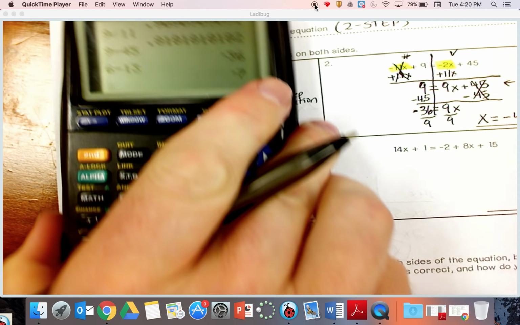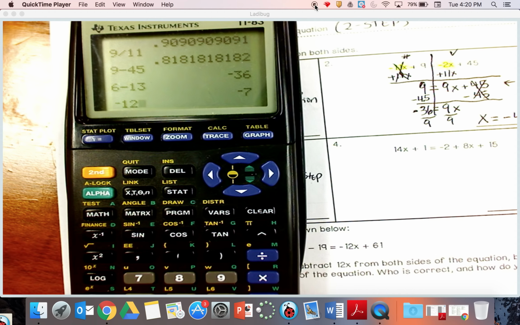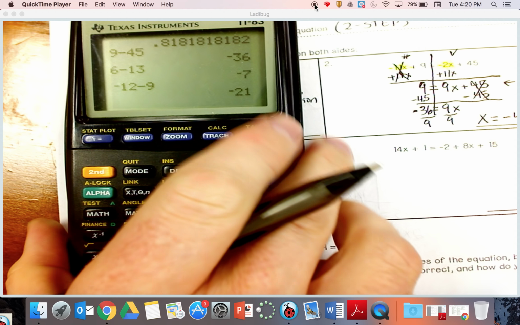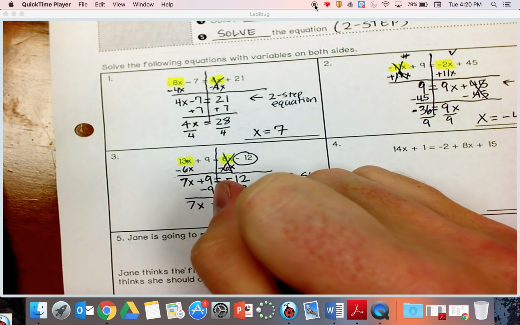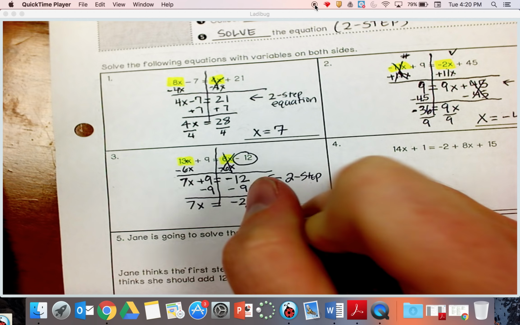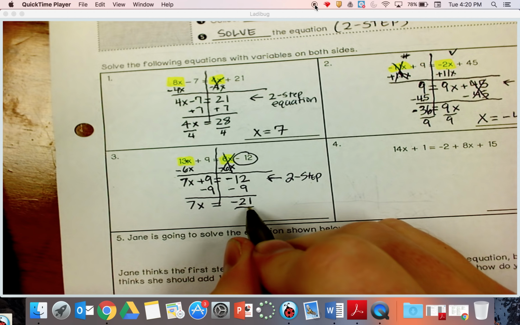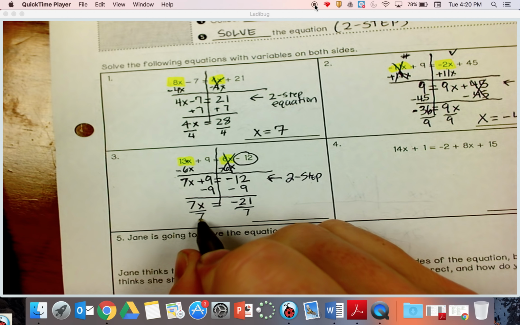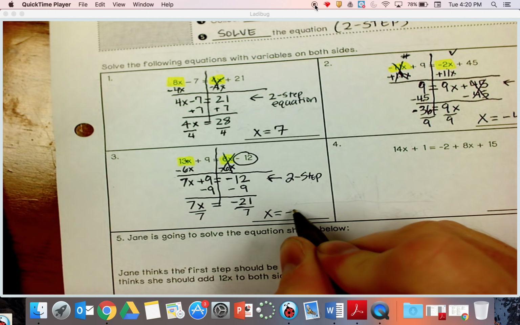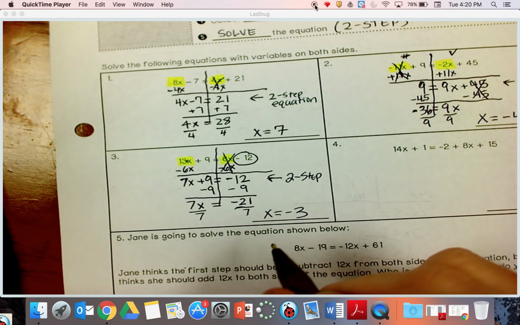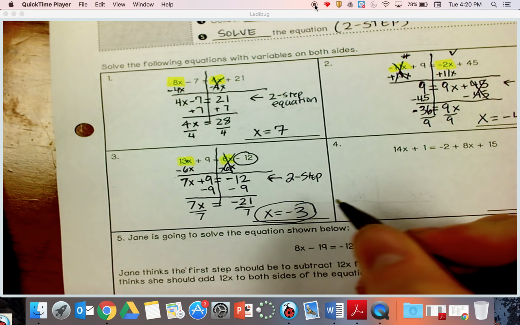It is not 3. It's negative 12 minus 9. I get negative 21. And what times 7 gives me negative 21? Well, I do the opposite or the inverse of that, and it tells me that it is going to be negative 3. So that would be my solution.